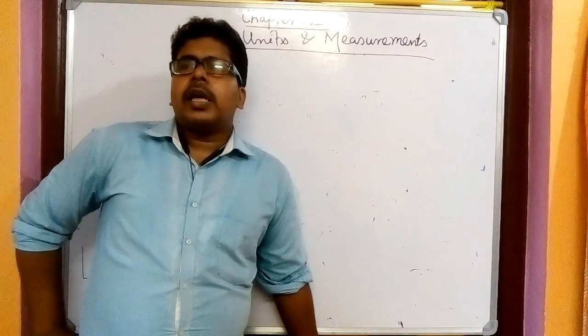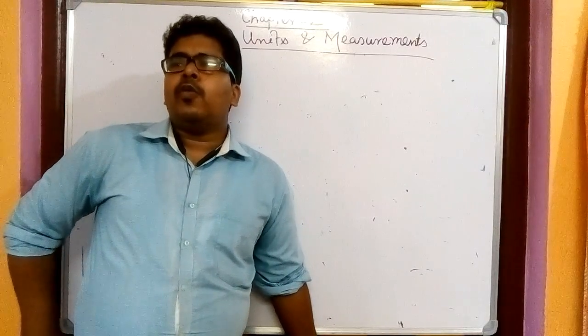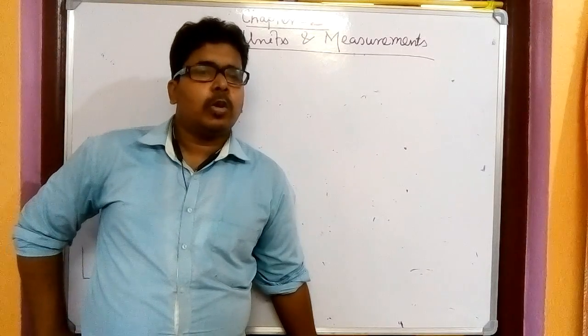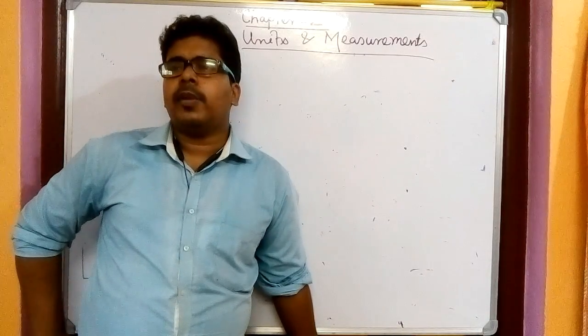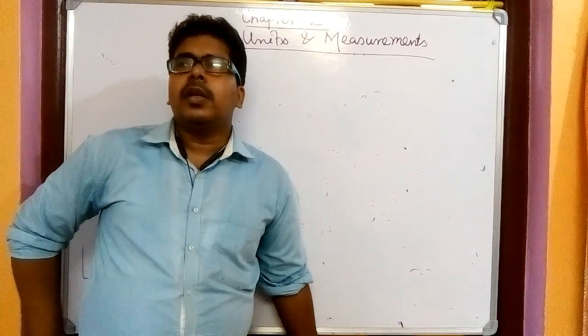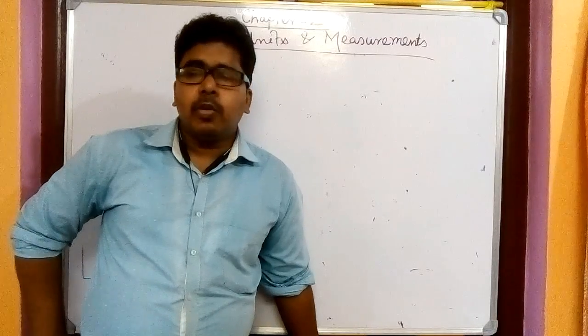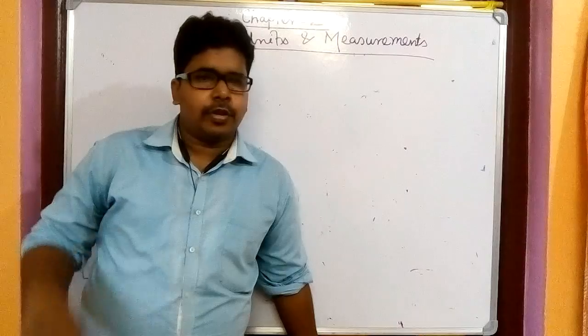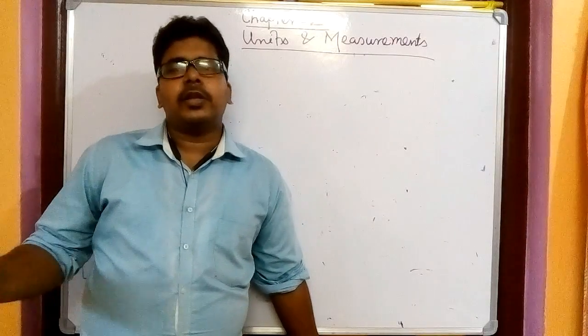First of all, in class 11, if I want to read every part of the book, then we cannot complete the syllabus. That is one problem. And the next problem is that many parts are given in the book only for your knowledge, just like the first chapter I'm talking about.